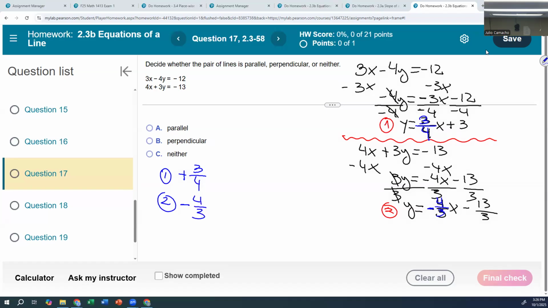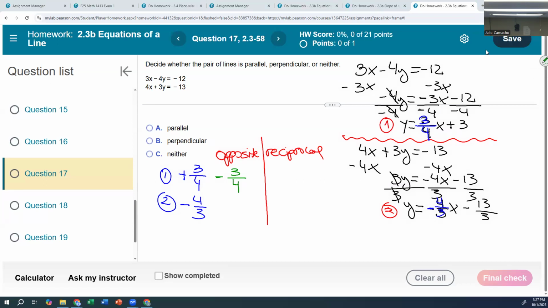If I want to convert the first slope into the perpendicular, we found out that I have to do the opposite, and then I have to do the reciprocal. The opposite of positive 3 over 4 will be negative 3 over 4. That is the opposite.